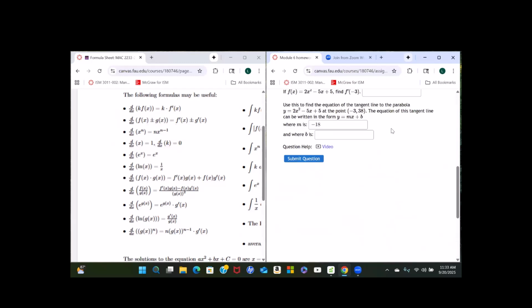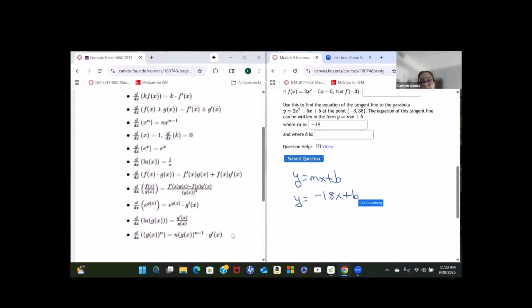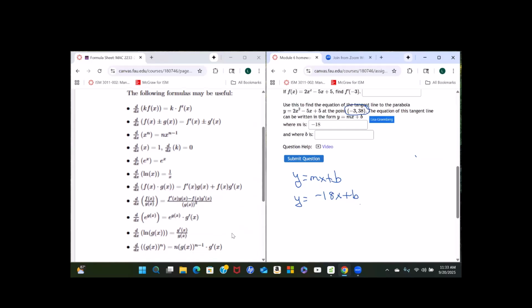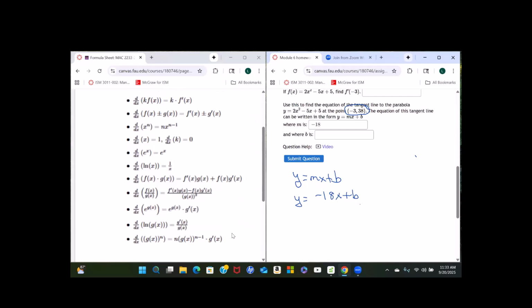Here we go. Now I know y equals mx plus b, and I know y equals negative 18x plus b. And I know that this tangent line is going through that point, isn't it? I have 38 is equal to minus 18 times minus 3 plus b.